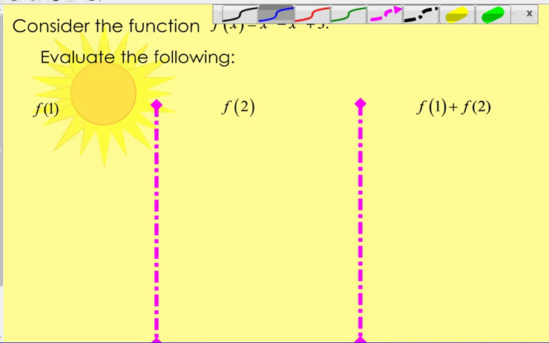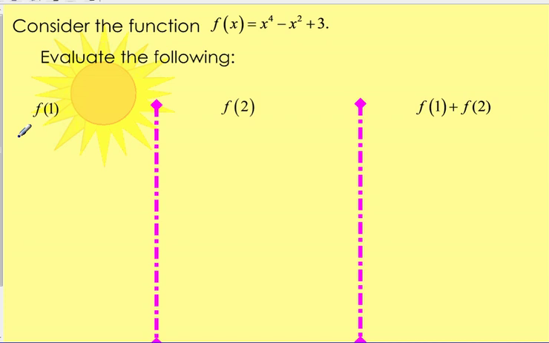So f of 1 is really saying that we need to plug 1 in everywhere we see x. So we're going to have 1 to the fourth minus 1 squared plus 3. And that's just 1 minus 1, which is 0. So our solution for f of 1 is going to be 3.